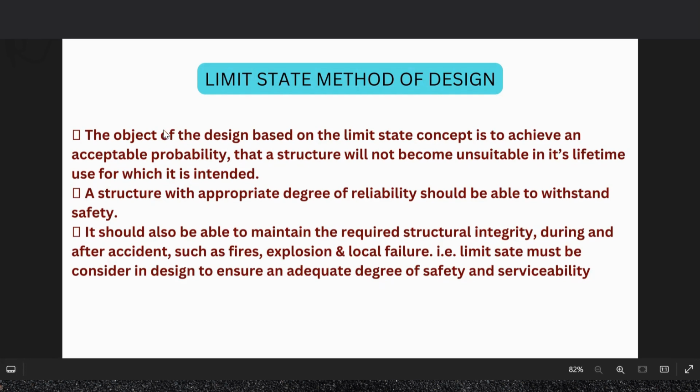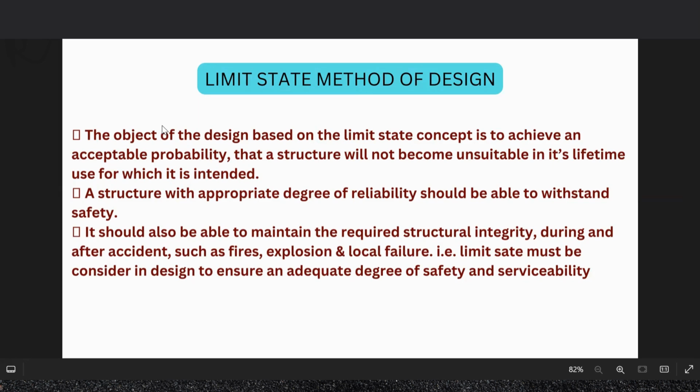The object of the design is based upon the limit state concept, which means you can imagine there is a limit above which we cannot go. Suppose the bending moment of the beam is coming to 94 kilonewton meter. So it is the limit above which we cannot go.